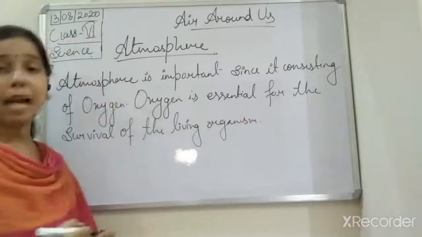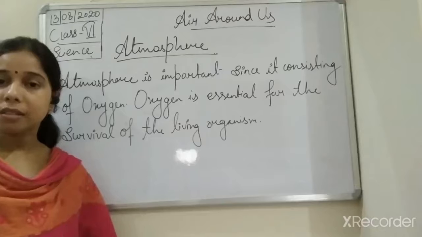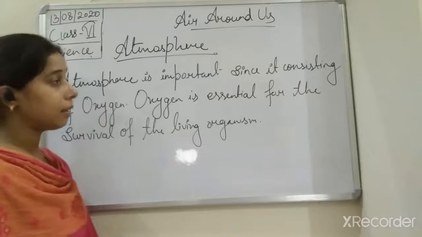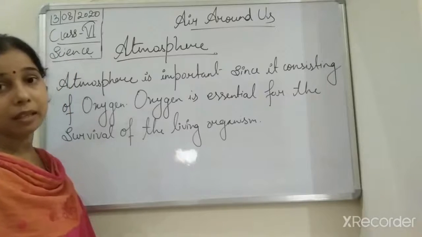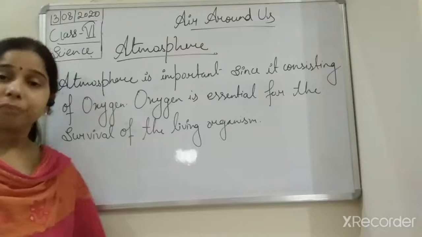So since this atmosphere consists of an abundant amount of oxygen, we can say that it plays a very important role. It is very essential for the survival of the living organisms.